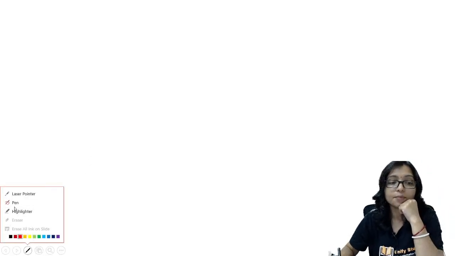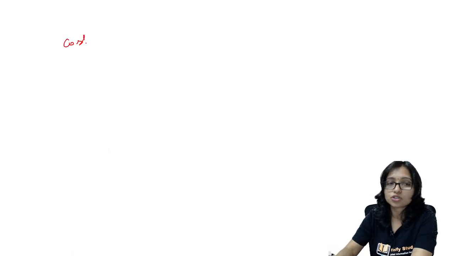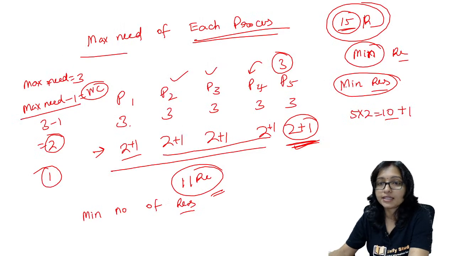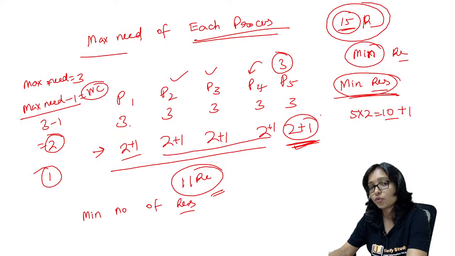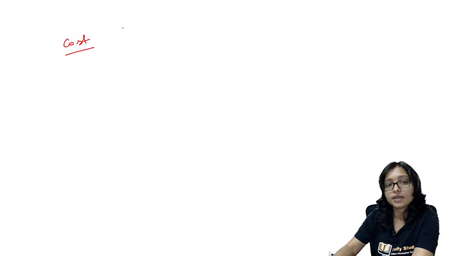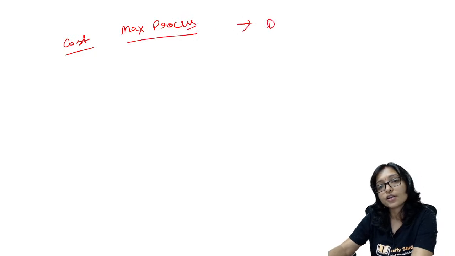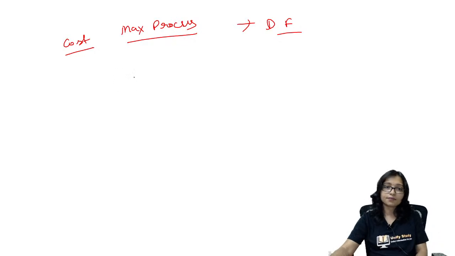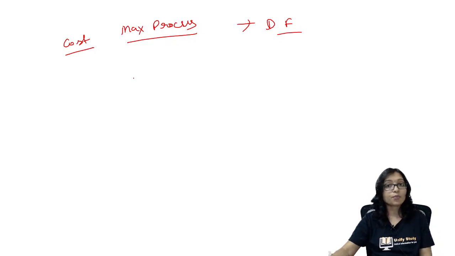Here we did the minimum number of resources because always our target is cost. It should be more effective. So here we did the minimum number of resources required. Now the next question will be asked: what is the maximum number of processes possible to get a deadlock free situation. In this question only, if I am telling what is the maximum number of processes possible.